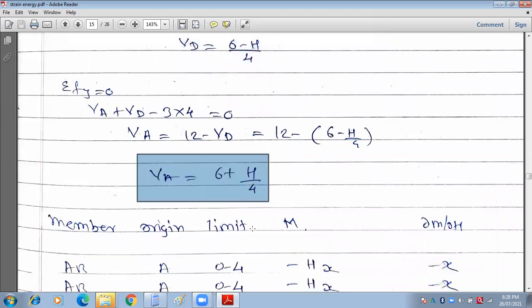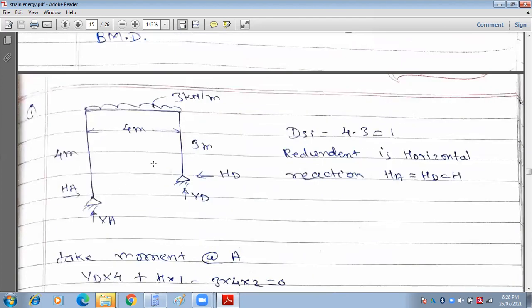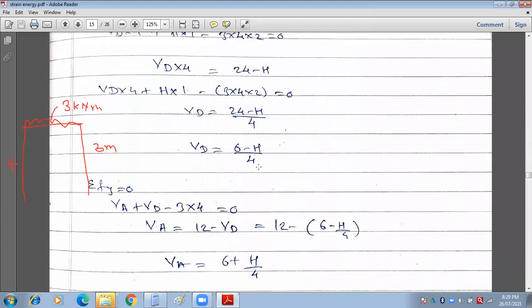Now let me draw this diagram again for simplification of calculation. Here there is a UDL of 3 kilonewton per meter over this span of 4 meter, and this span is 3 meter.